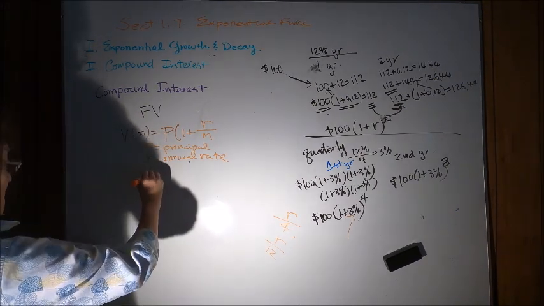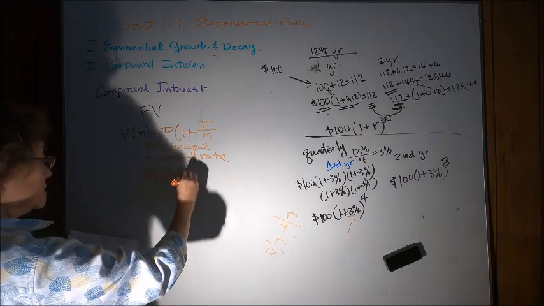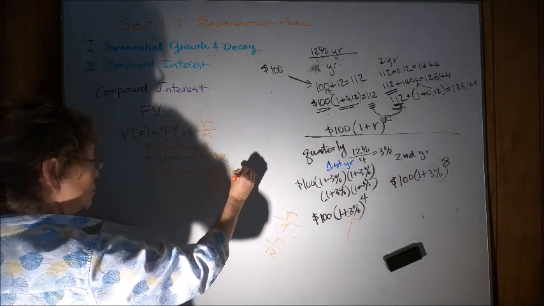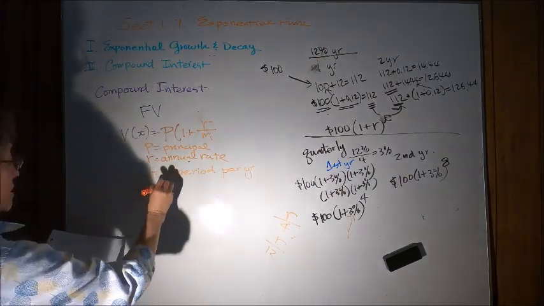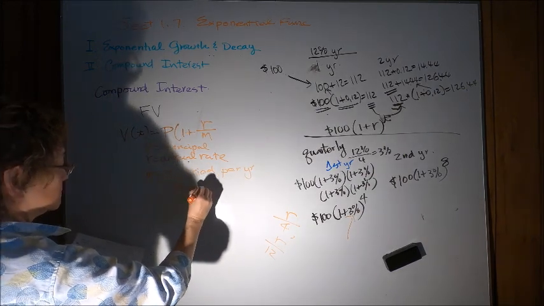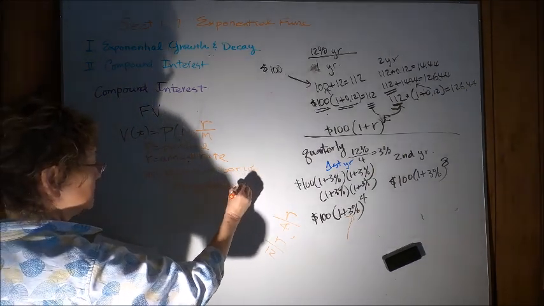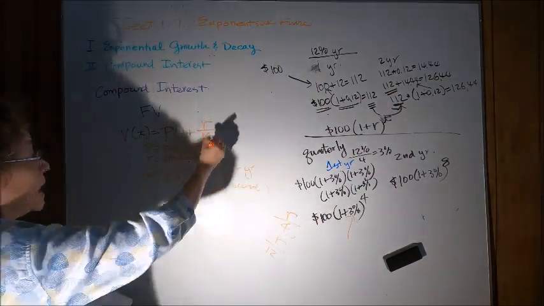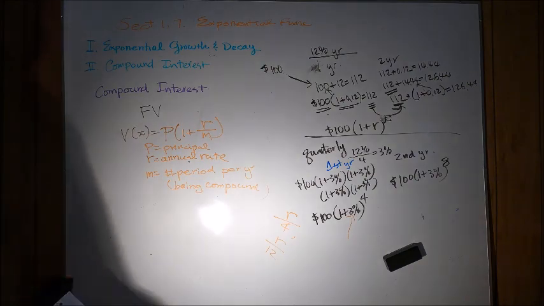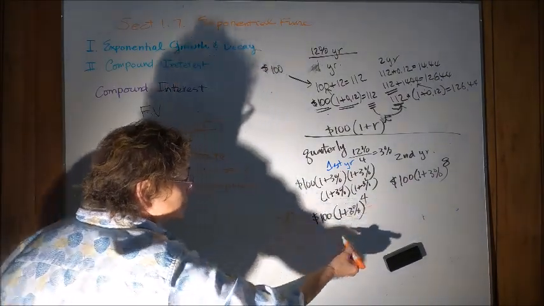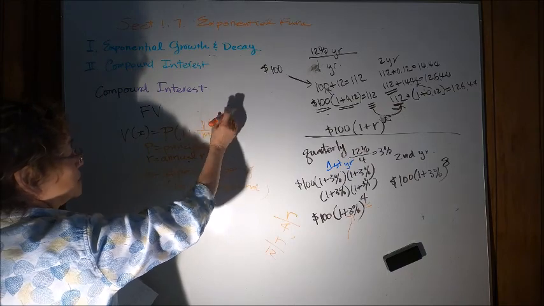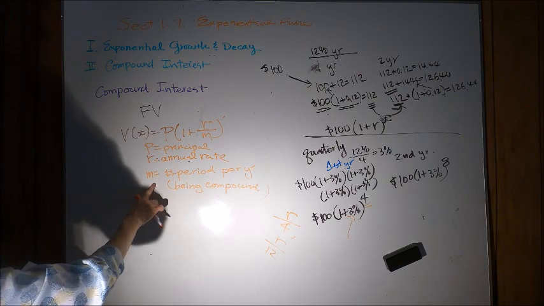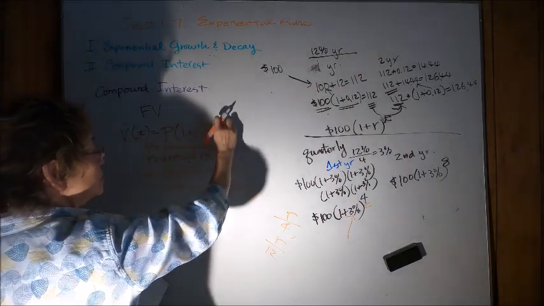So M is what? The number of periods per year that will be compounded, okay? Is that right? So that's how you compound. Compound how many times? Like here, quarterly, 4 times. Then monthly 12 times. So depending on how many times per year you are going to compound.